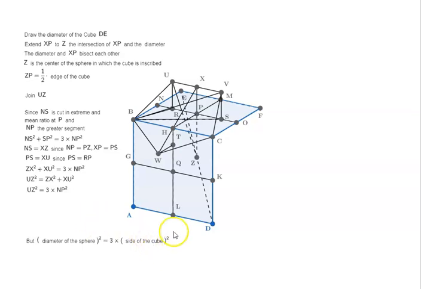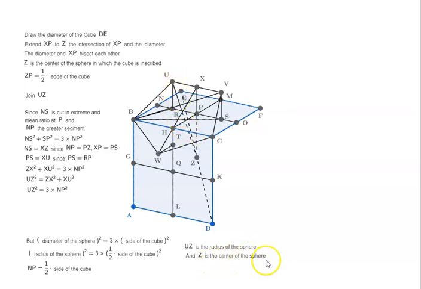This we have already seen when we were discussing cube. Can also be written as radius of the sphere square is equal to 3 times half the side of the cube square. NP is half the side of the cube. So that means UZ is the radius of the sphere and Z is the center of the sphere and U is on the surface of the sphere.